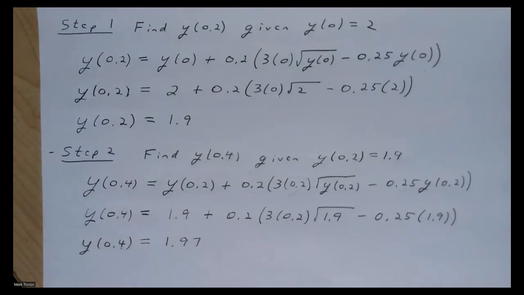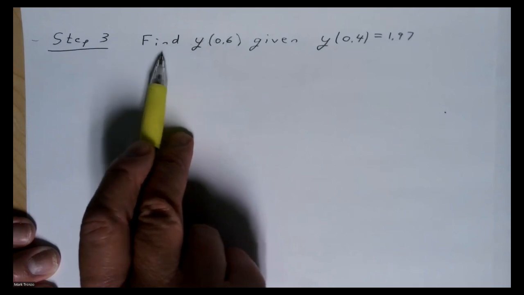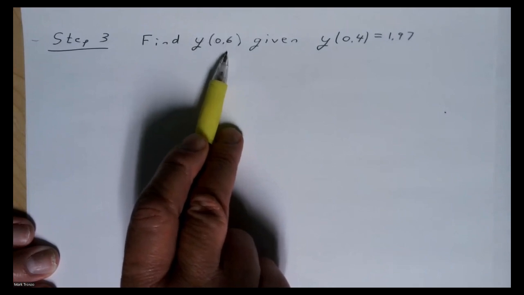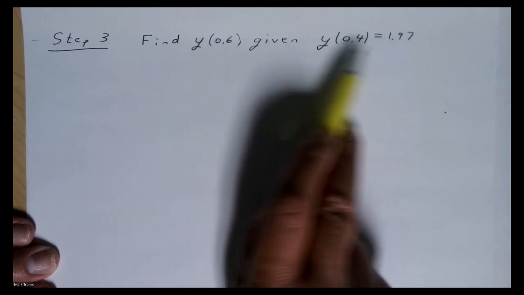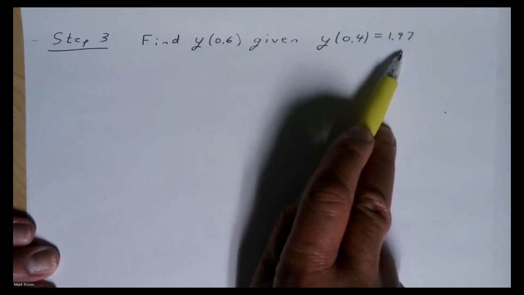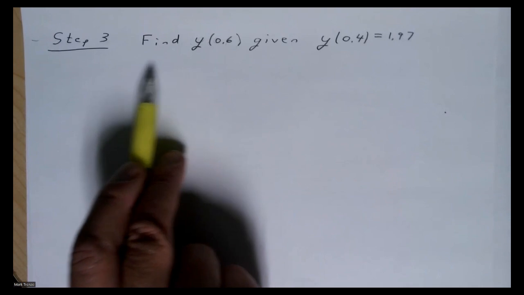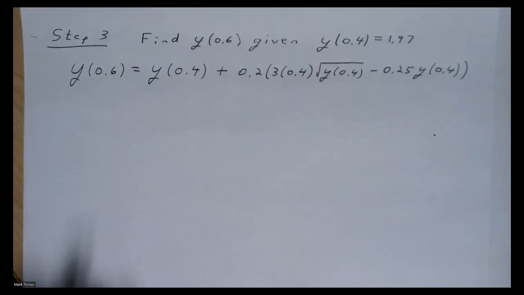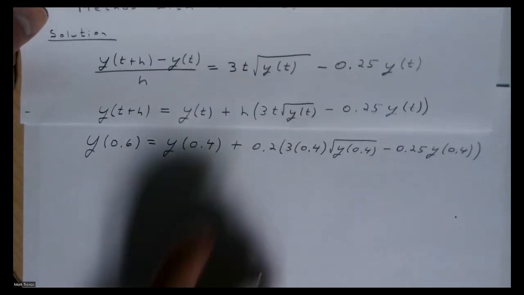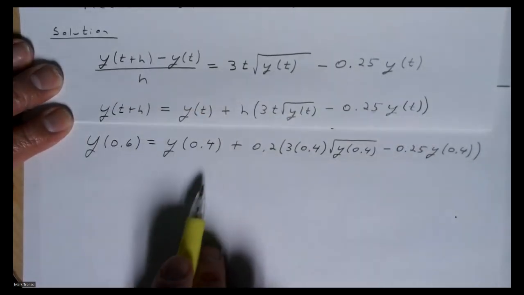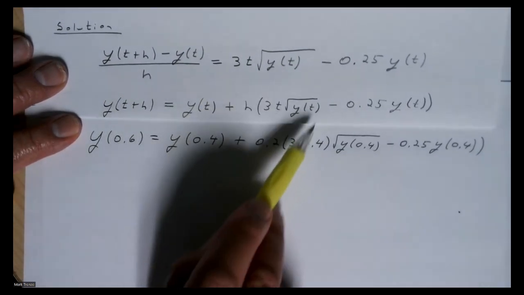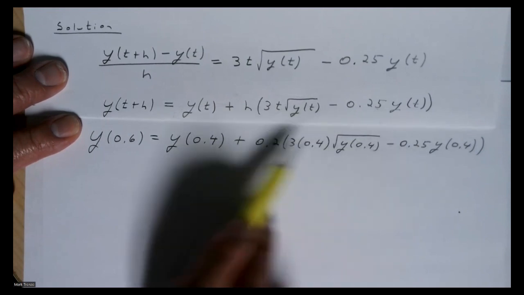So let's now go to the next step, step 3. For the next step, we're going to find y(0.6). Remember, we're always increasing it by our increment of 0.2 because we just found y(0.4), which was 1.97. So we're using our scheme here. Right here on the right-hand side, we have the previous step, 0.4. T was at 0.4 everywhere, in here, in here, in here.